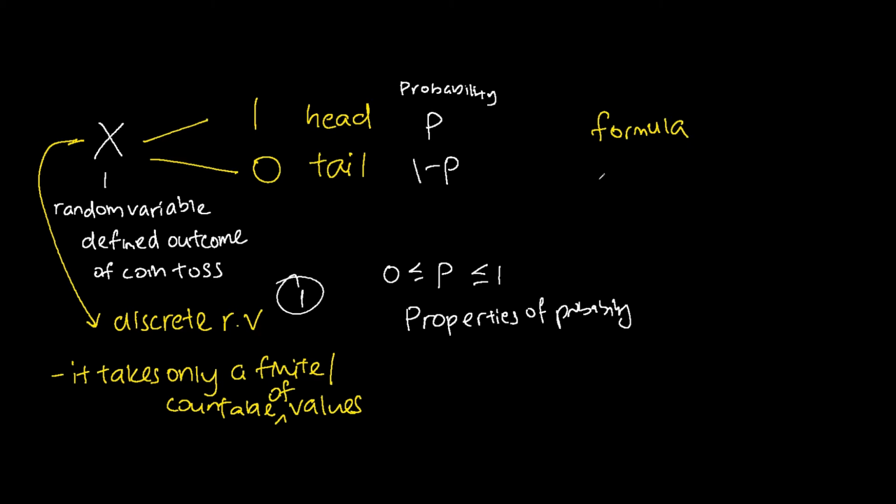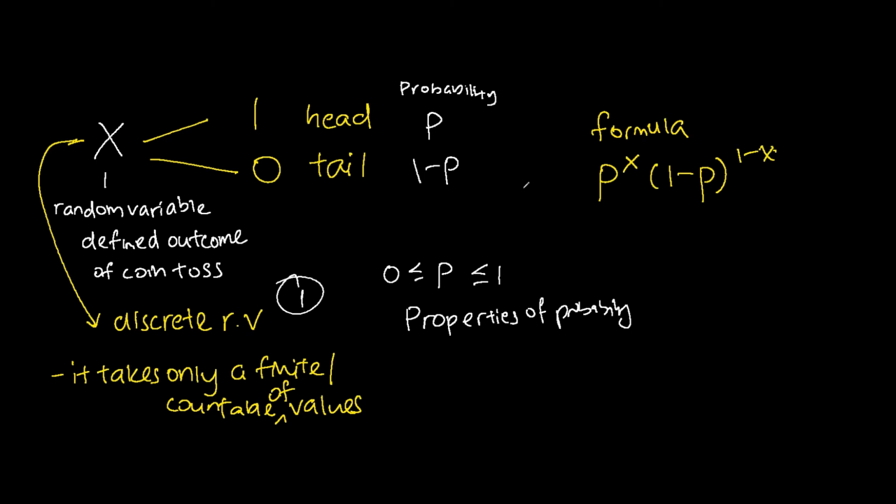I define a formula such that I'll be able to get this probability: P to the power of x, times (1 minus P) to the power of 1 minus x.